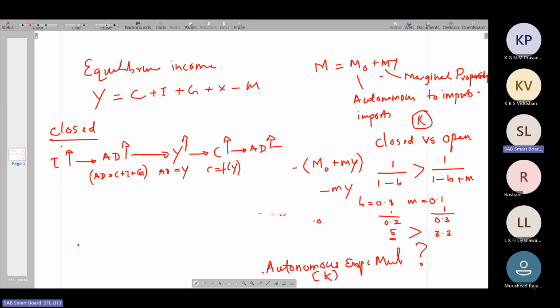Again income increases. So this is what we identified as the direct effects: the first effect from investment to aggregate demand to income. Then there is a series of indirect effects generated through the consumption function.